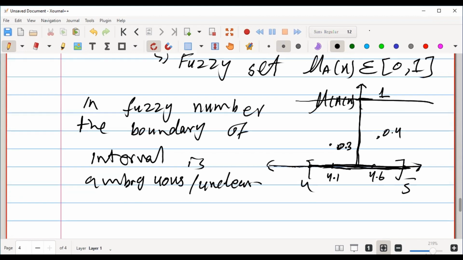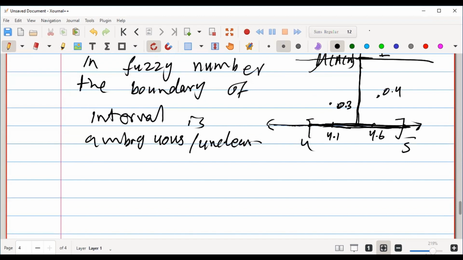And we represent the fuzzy interval by two endpoints, which is A1 and A3. This is fuzzy interval. The fuzzy interval has two endpoints, A1 and A3, and at least one peak point, A2. Must be one peak point. Maybe different peak point, A2 dash, it has different peak point, but must be one peak point.